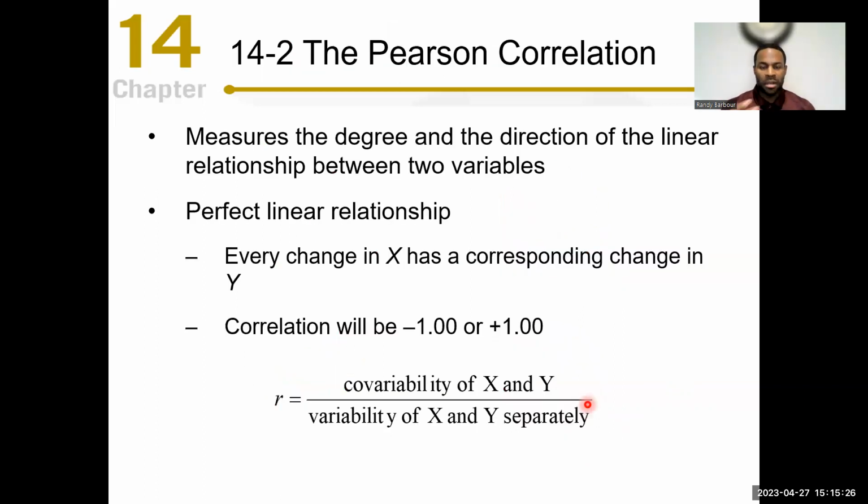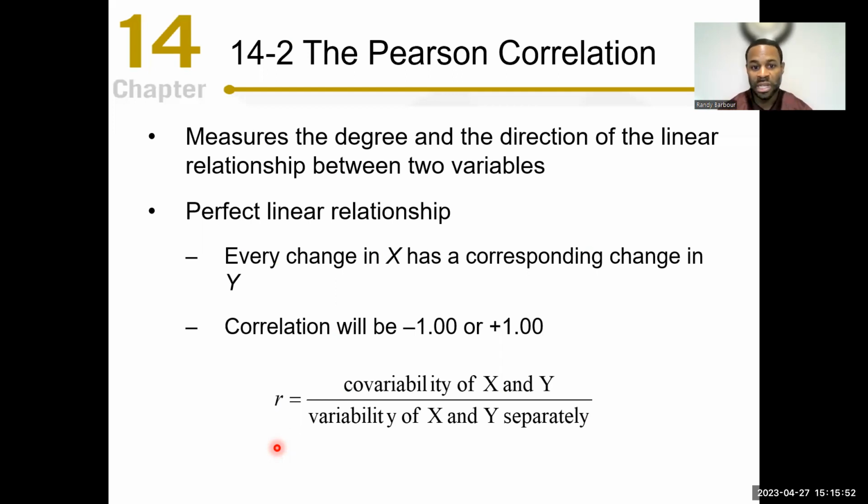So again, when we talk about the Pearson correlation, notated with the value of r, it measures the degree and the direction of the linear relationship between the two variables. So we're talking about the negative or positive relationship, plus or minus, and we're also talking about the strength. And the strength is that number that we got.